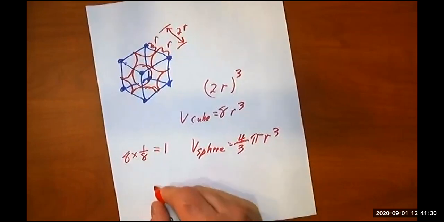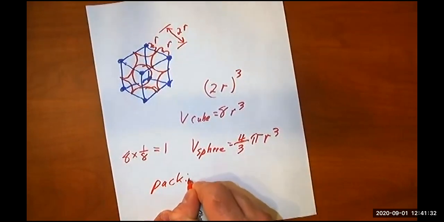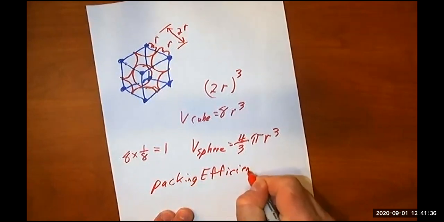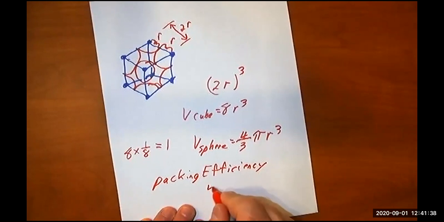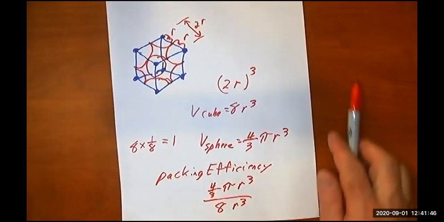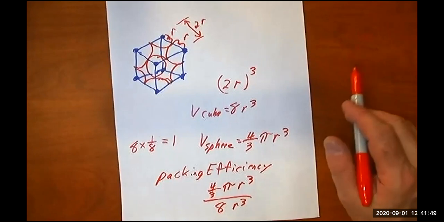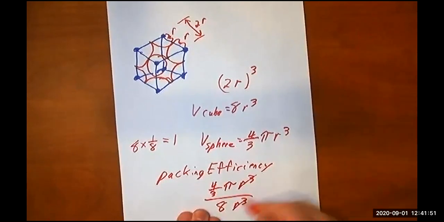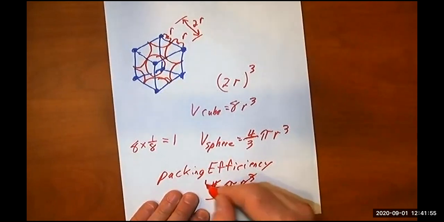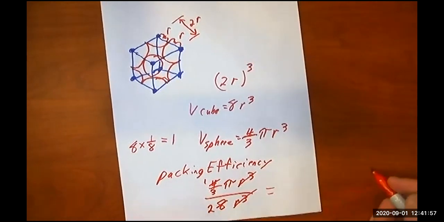So our packing density, or packing efficiency, is going to be 4/3 pi r cubed over 8 r cubed. And so somebody with a calculator, the r cubes cancel. We can have the 4 cancel with this, so it's a 2, right?